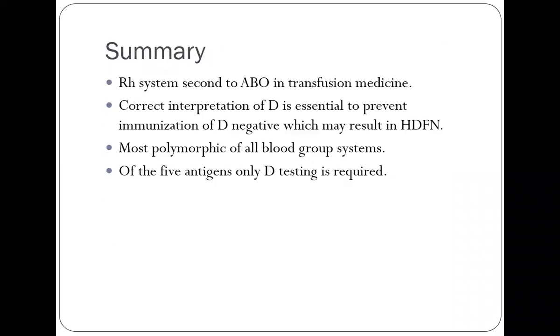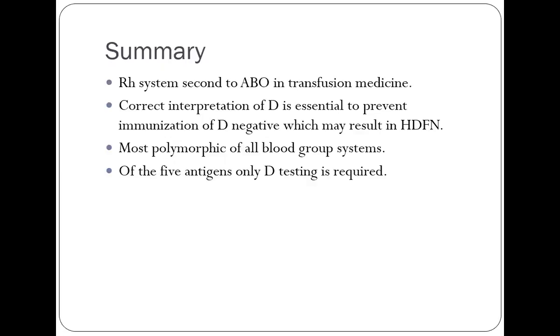In summary, the Rh system is second to the ABO in transfusion medicine, mainly because it's so large and very, very immunogenic. The correct interpretation of D is essential to prevent immunization of D negative individuals, which may result in hemolytic disease of the fetus and newborn, also hemolytic transfusion reactions.